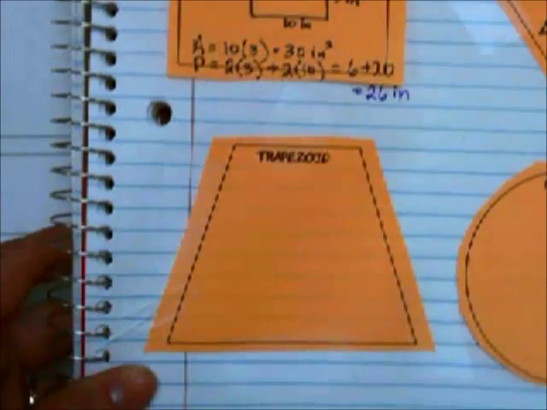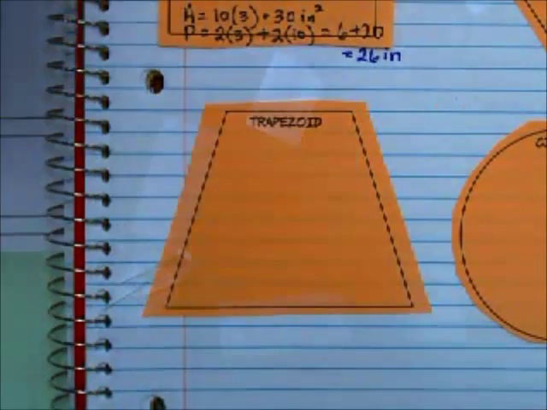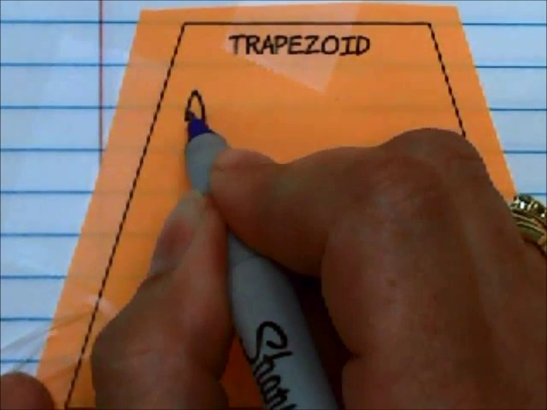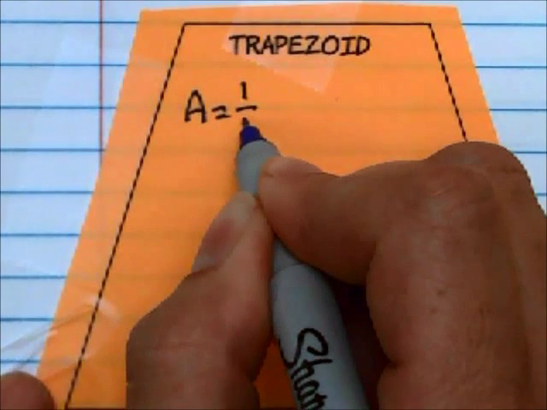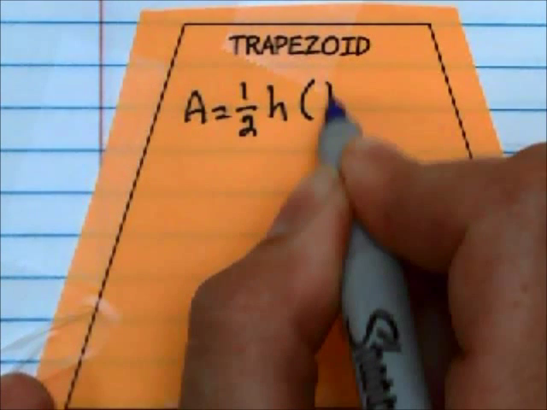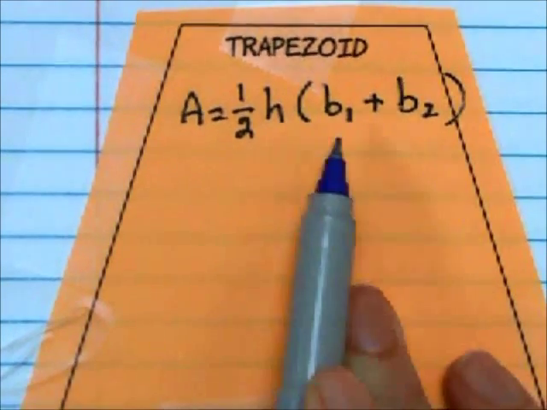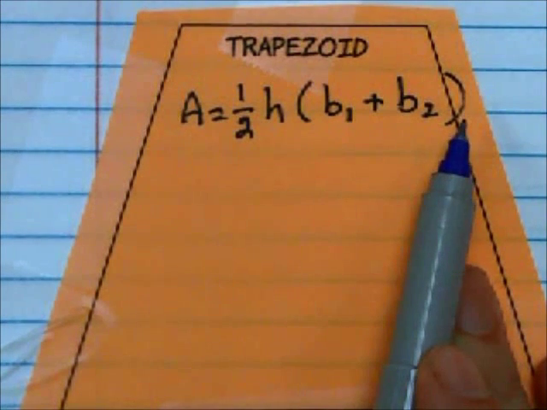Trapezoid is a little tricky, a little trickier anyway. So on a trapezoid, the formula for area is 1/2 the height times the bases added together. You've got 2 bases, so we've got base 1 and base 2.